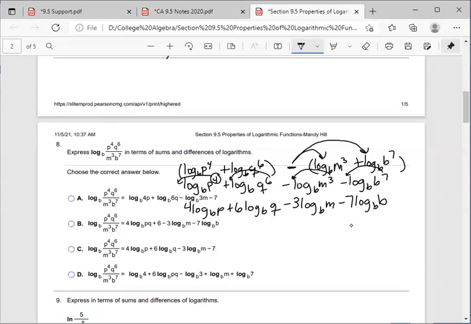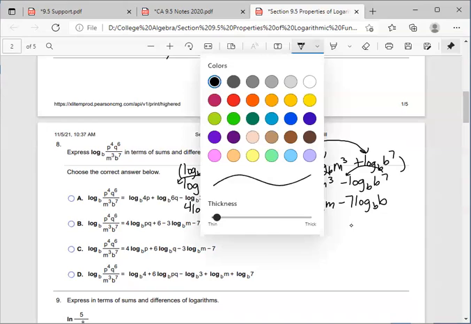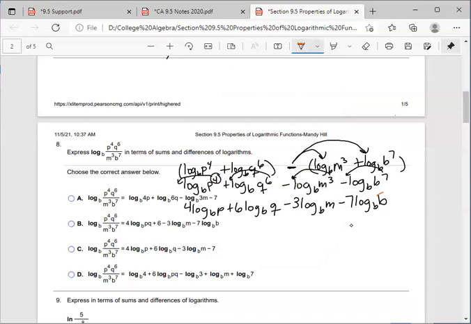Okay, this is important right here. When these two things are the same, this whole thing turns into what? 1. Because what you're saying is B to what power would give you back B?